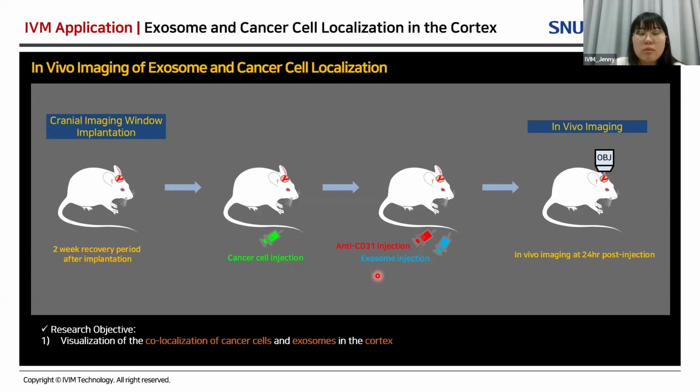And following this, we administered both anti-CD31 antibodies conjugated with a fluorophore and the exosomes intravenously. In vivo imaging was then performed at 24 hours post-injection, and the primary goal of this experiment was to, again, visualize the co-localization of exosomes with cancer cells in the cortex using intravital microscopy.